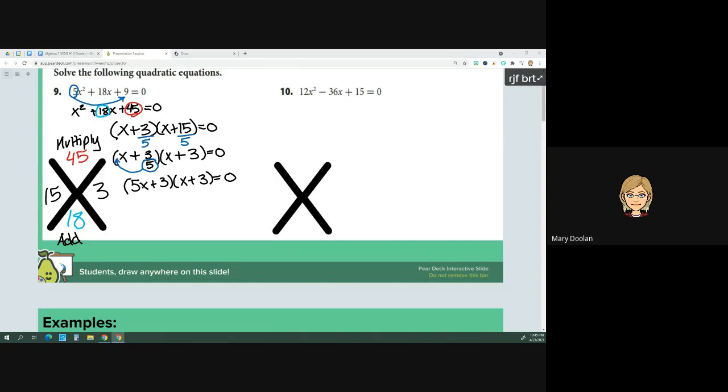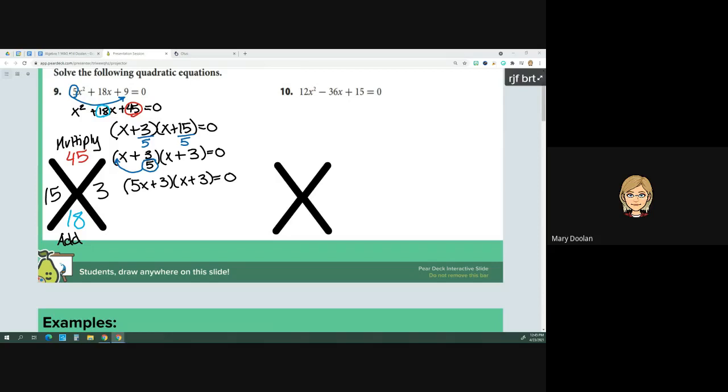Now, notice we have this equals 0 kind of tagging along all the way. And so what's new today from yesterday is that now I want to solve this equation. So if I have these two things in parentheses being multiplied together, and I know that their product is 0, by the 0 product property, one of them has to equal 0.